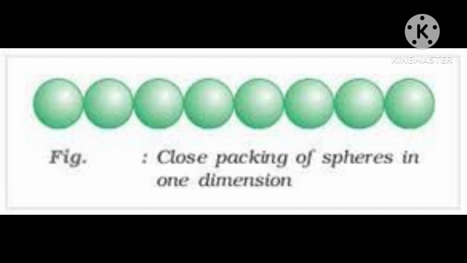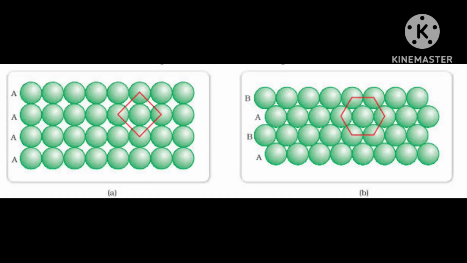Means suppose all are touching to each other, first row, that is the A type. Again same base, second row also all are touching head on head. Third also, second also A type, third also A type, fourth also A type. Means all are arranged the same way, 4 rows. 7 spheres you have taken, in one row 7 spheres are there.